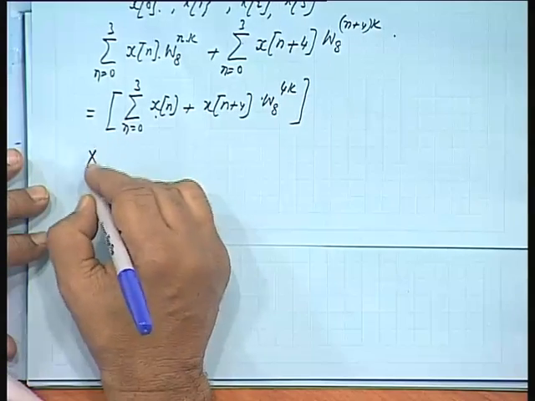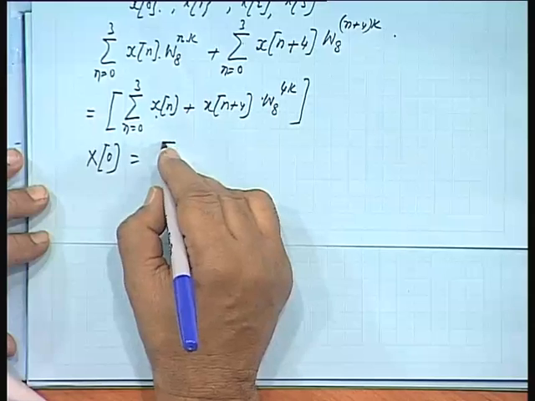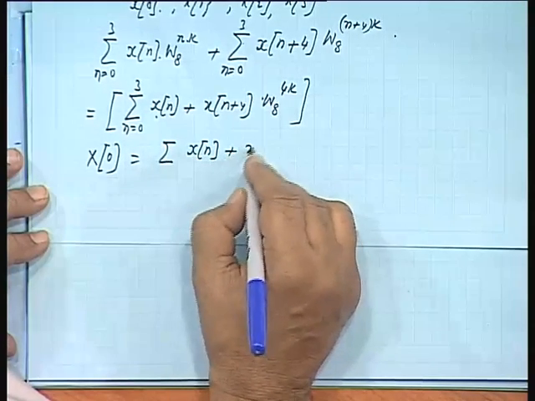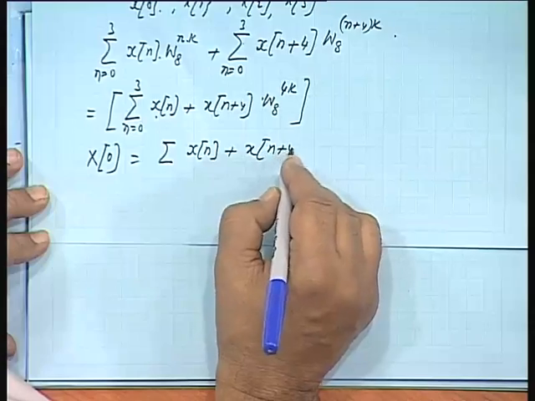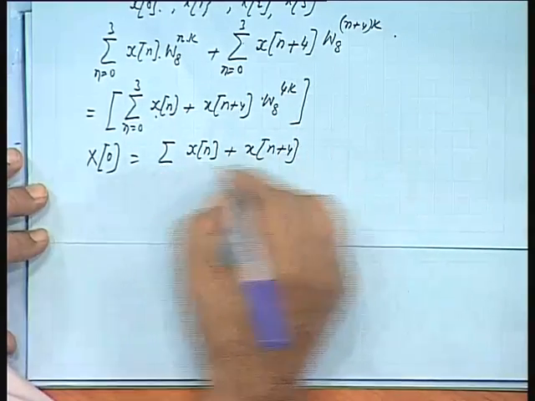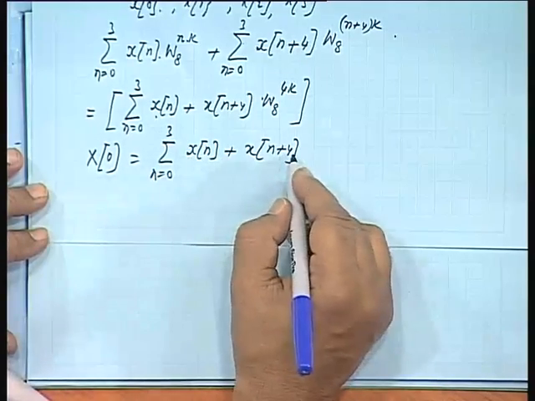So, for example, x 0 will be the sum of x n plus x n plus 4, since W 8 0 is 1, n varying from 0 to 3.